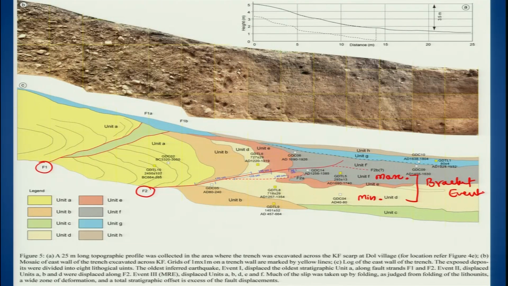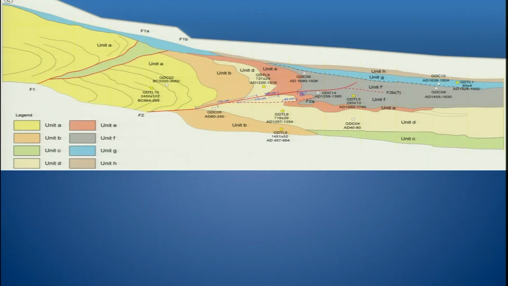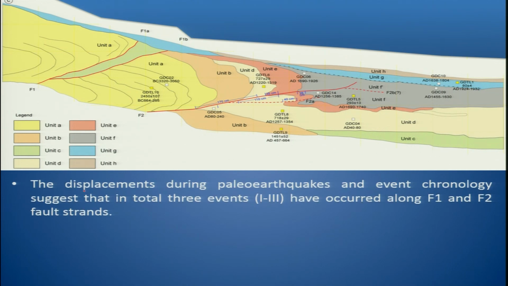Now let's see further how we have interpreted this trench in particular. Based on our interpretation using all the cross-cutting relationships along the fault, the different fault strands and the ages, we were able to identify at least 3 events along the Kaladungi fault, which is an imbricated fault of the HFT.